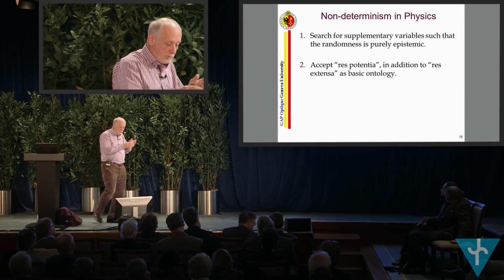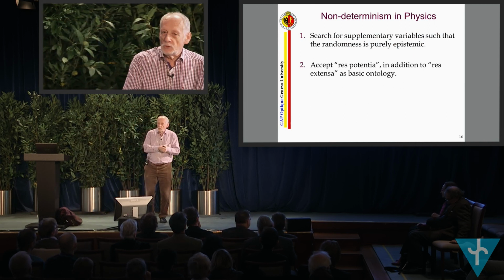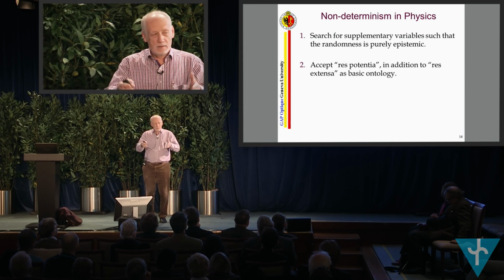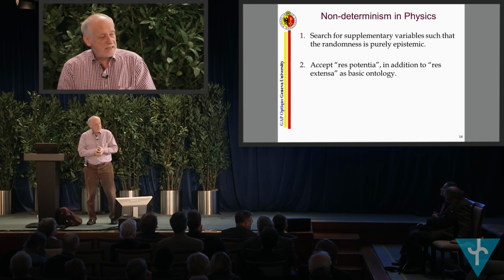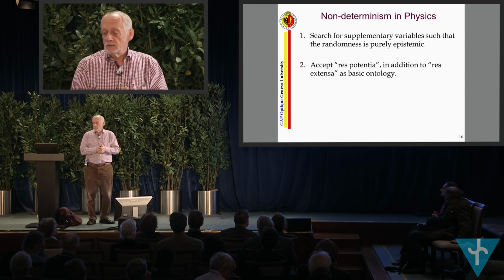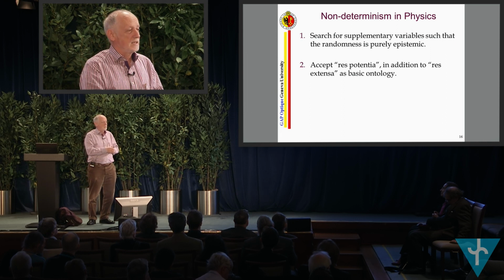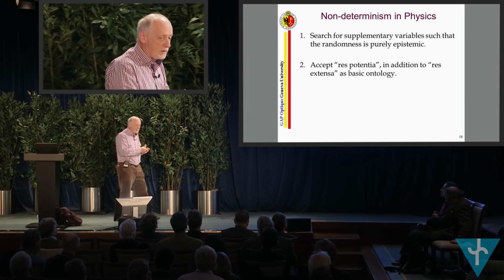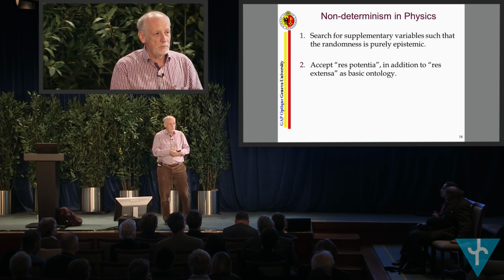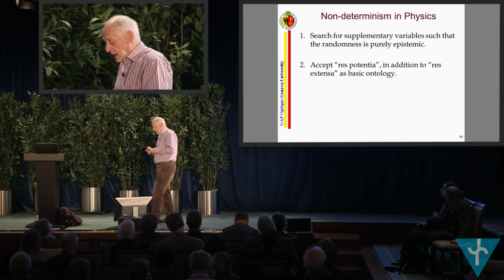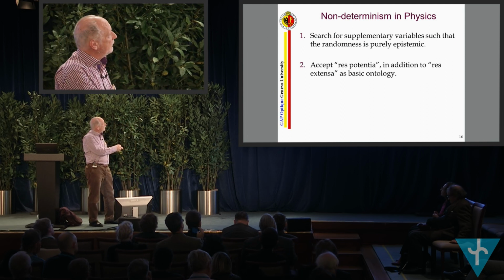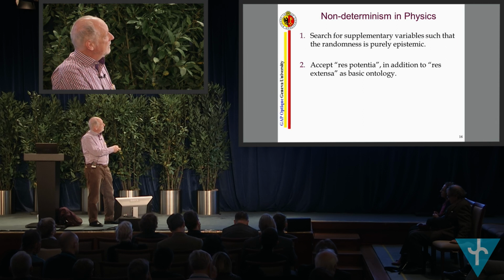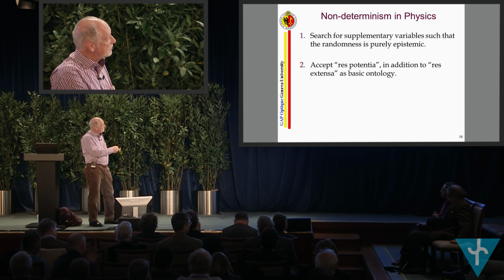Okay, so far what I tried to convey as a plausible statement is that physics, whether it is classical or quantum, is non-deterministic. So what can you do once you face this situation of non-deterministic physics? I guess there are essentially two possibilities. One is to look for supplementary variables such that this randomness is no longer intrinsic but becomes purely epistemic.